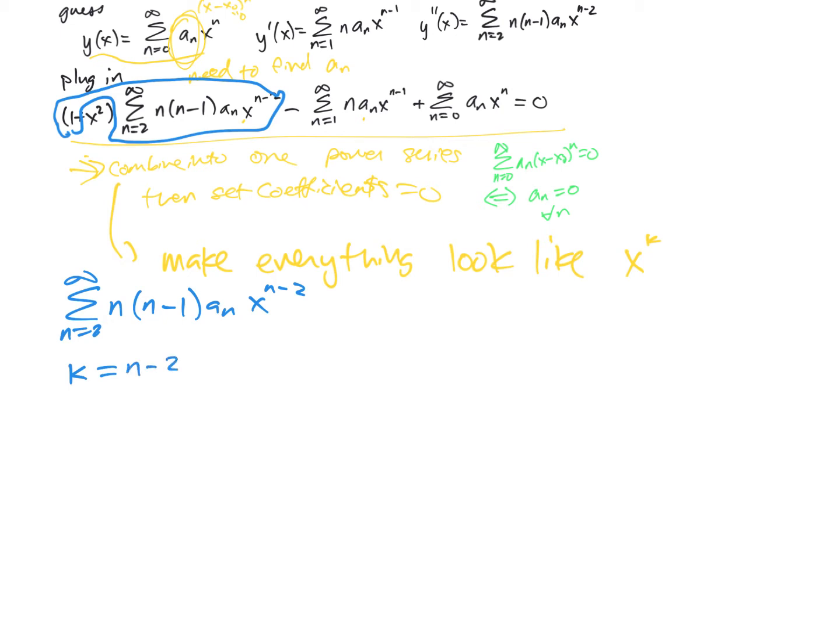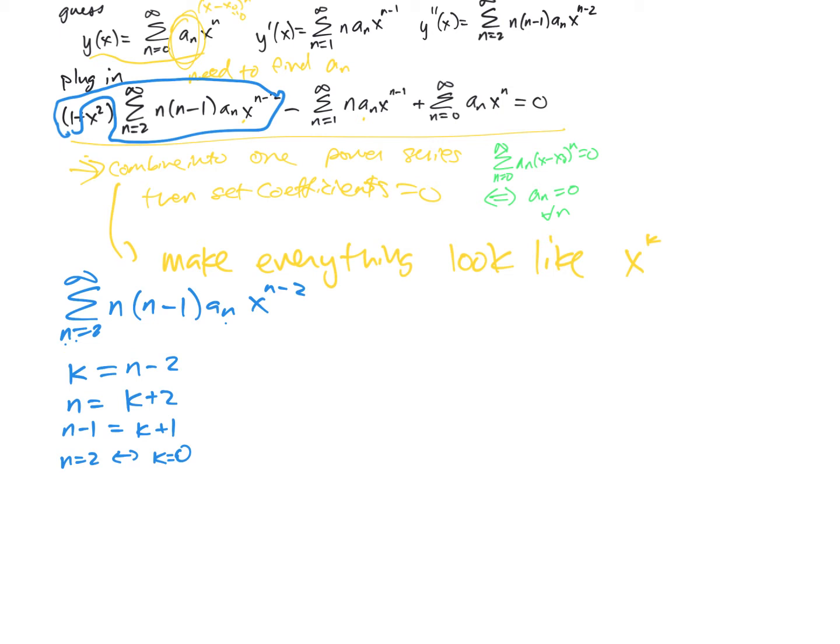So now think about other places where you have n's, and what do they have to look like in terms of k? That means n is going to equal k plus 2. We have an n minus 1, and so that equals k plus 1. And we need to replace the limits, so when n equals 2, that corresponds with k equals 0.